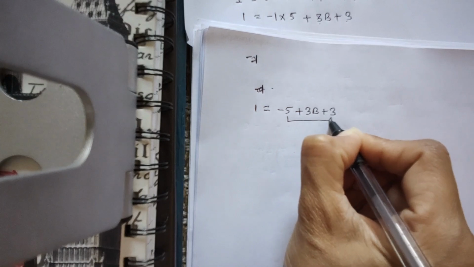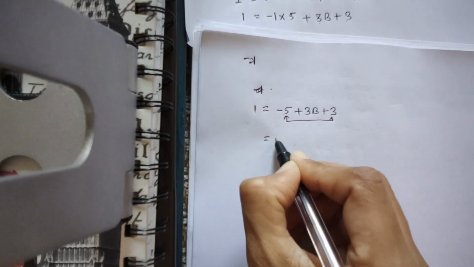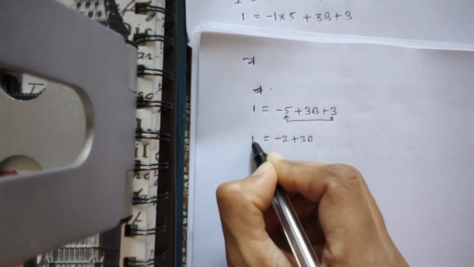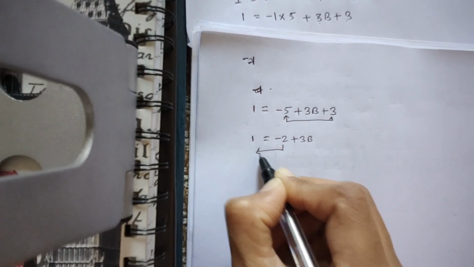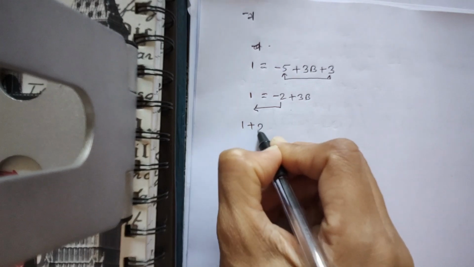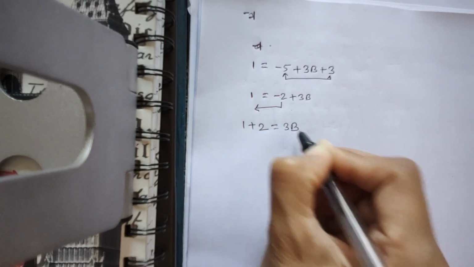This gets cancelled. It will become minus 2 plus 3b, 1 equal to, shift 2 to this side. So I'll get 1 plus 2, this is minus, it will become plus, equal to 3b.